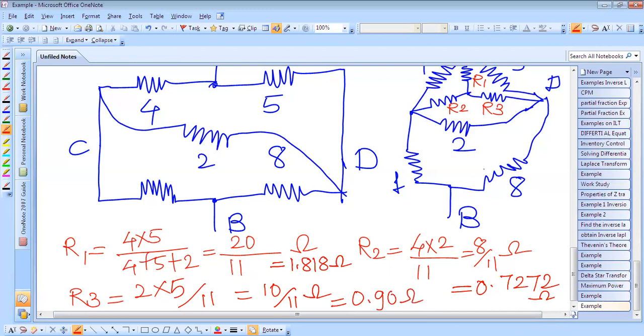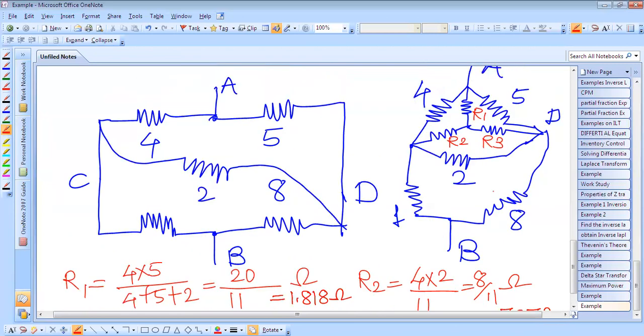Okay, so I will give the name to this, and therefore this will get cancelled now, because we have converted this now. R1 is 1.818.